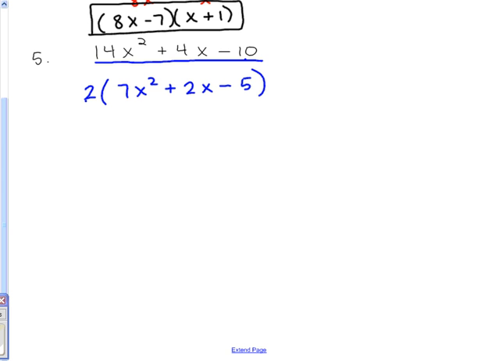Okay, so we take the common factor out first, then follow the same steps with the trinomial that's in parentheses. So again, it's in the correct order. 7 times negative 5 would be negative 35. Make a list of the factors. 1 times 35 and 5 times 7.